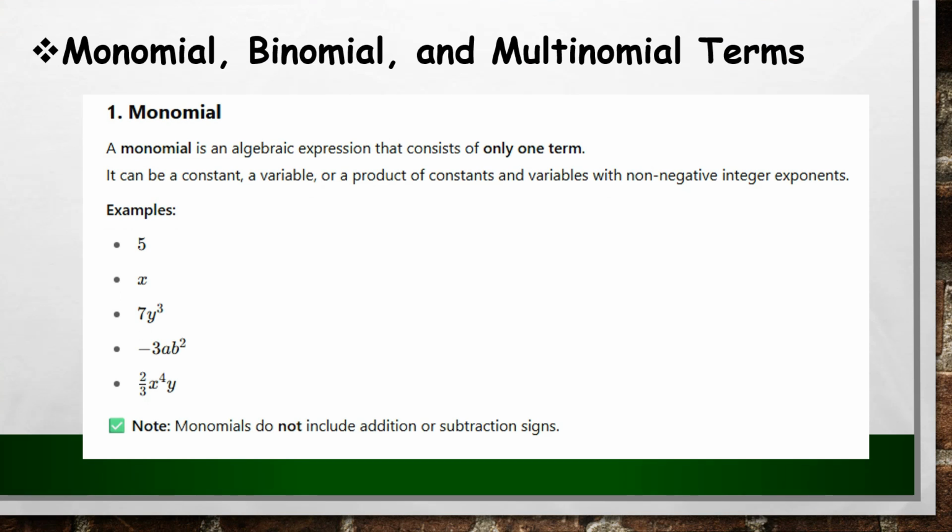Okay, so here I just want to introduce to you the different types of polynomials, or algebraic expressions. So for the first one, we have monomial. It's an algebraic expression that consists of only one term, as you can see in the examples. So you have to take note that monomials do not include addition or subtraction signs.